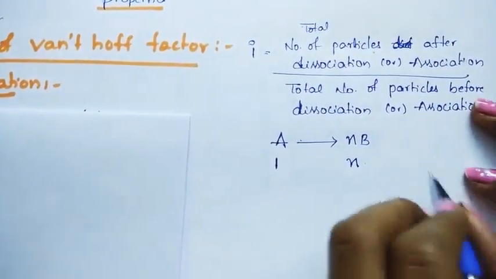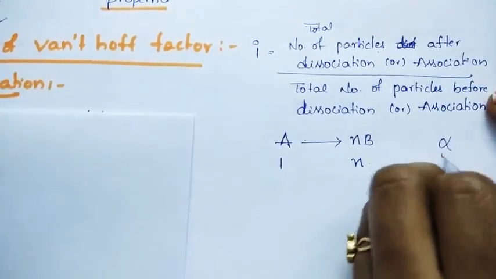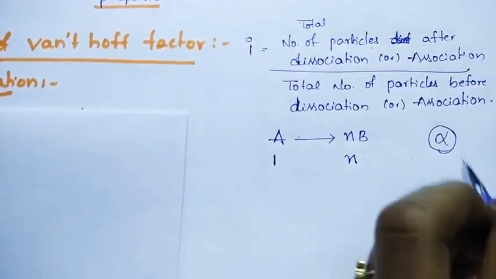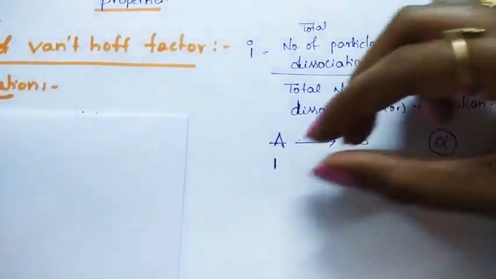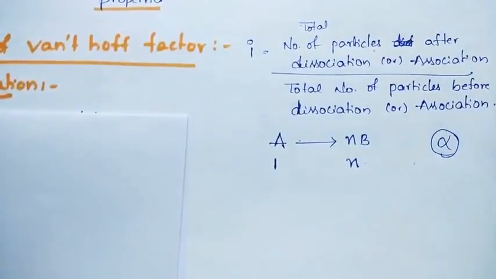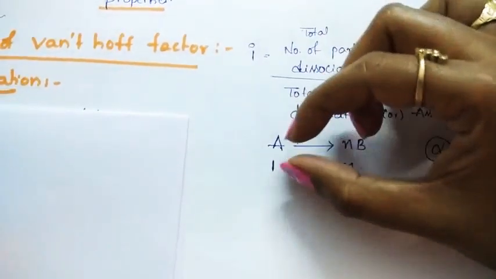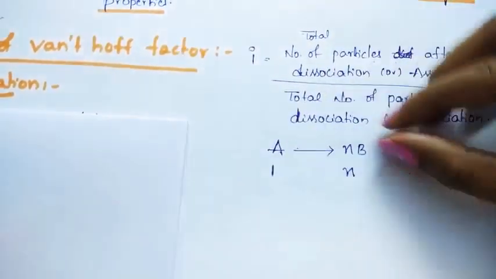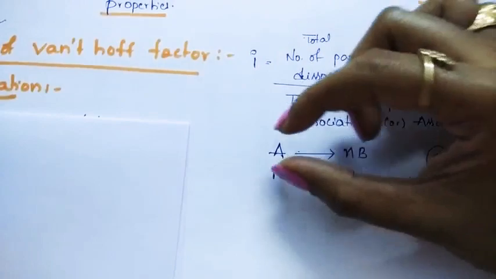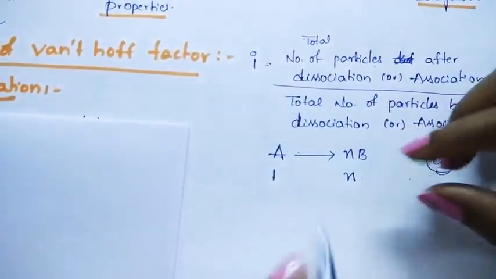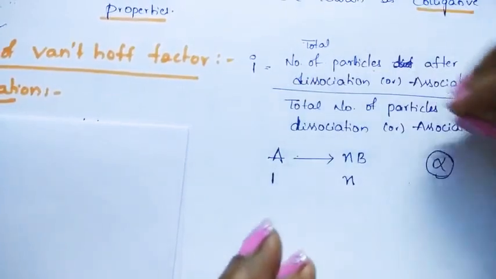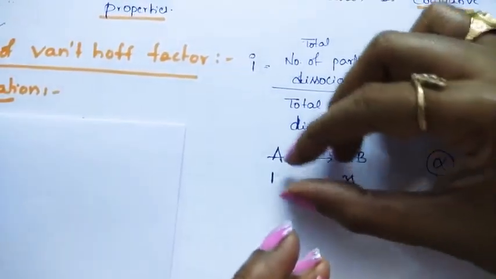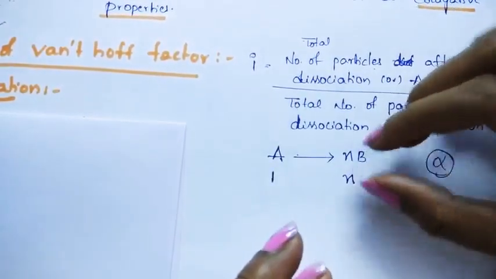And here I want to tell you one thing, that is about alpha, the degree of dissociation. See here, degree of dissociation means some amount at equilibrium. Suppose at equilibrium, some moles of A convert into B. So suppose initially it is 100 moles, and 25 moles are converting into B. So what you should do? 100 minus 25.